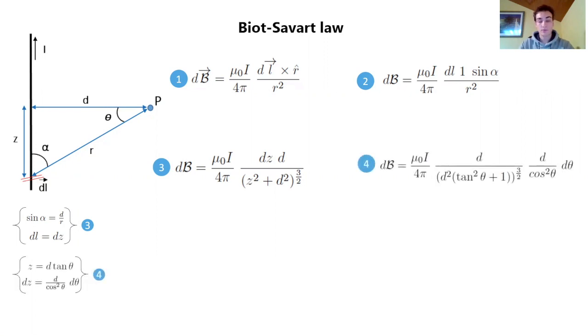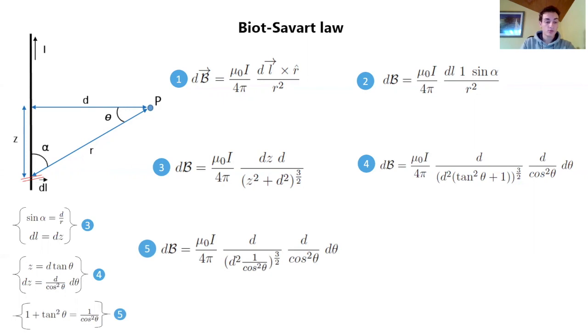So we can also perform a change of variables. Now in this case, working with another angle of this triangle that is shown in the slides, using z equal to d times tangent of theta, and then taking the derivative.